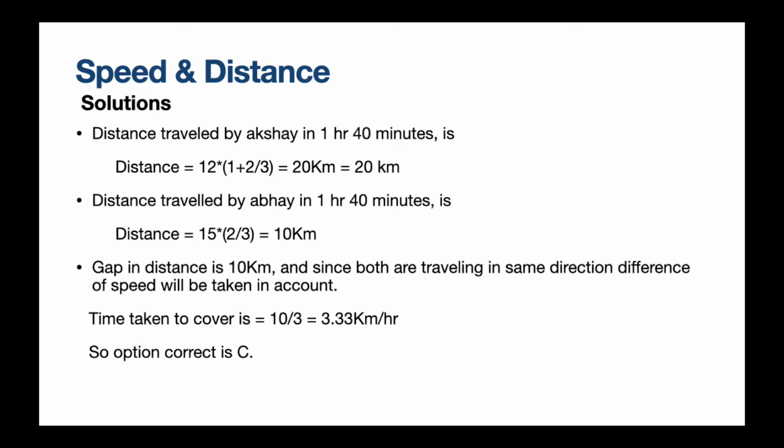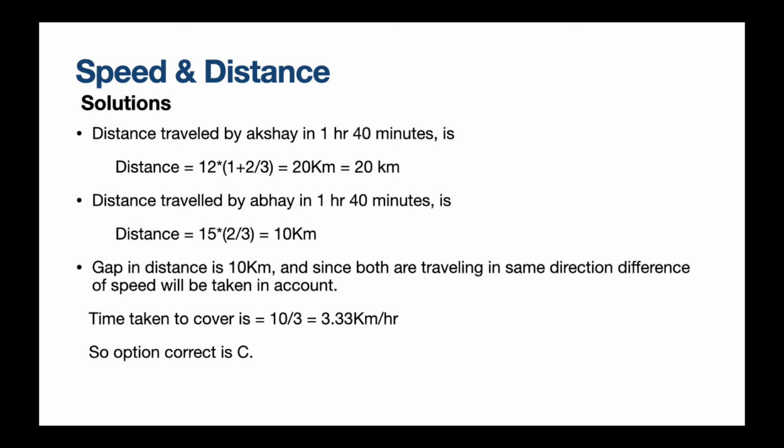Now, the gap between Abhay and Akshay's distance in 1 hour 40 minutes is 10 kilometers. As I told you in the concept also, if two people are traveling in the same direction, then the time needed for one to meet or overtake another would be equal to the gap in distance divided by the difference of the speeds of the two people.